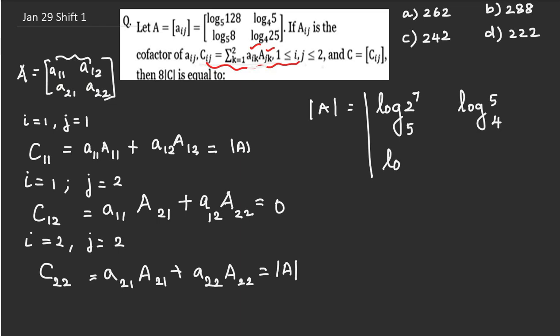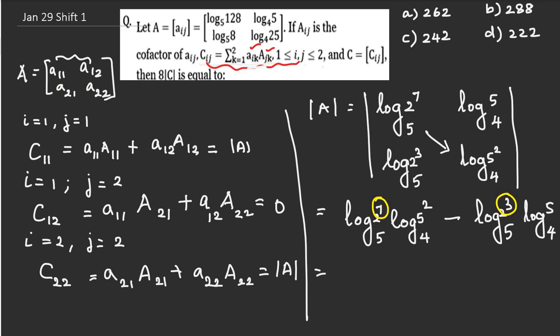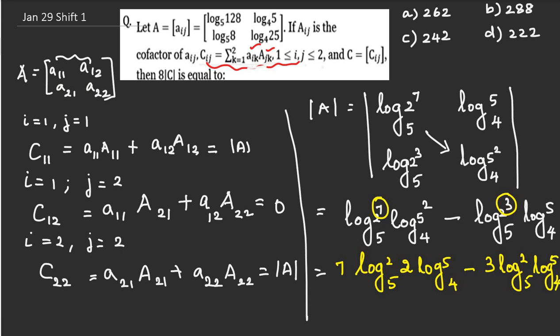Second row, log 8 can be written as 2 cubed to the base 5, and log 5 squared to the base 4. Now expanding the determinant, this is 7 log 2 to the base 5 into 2 log 5 to the base 4, minus 3 log 2 to the base 5 log 5 to the base 4.